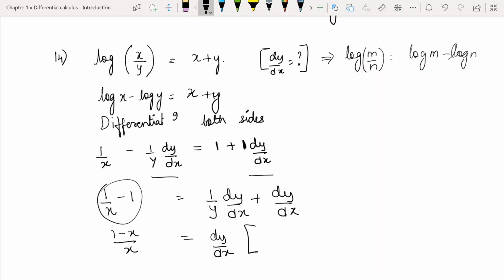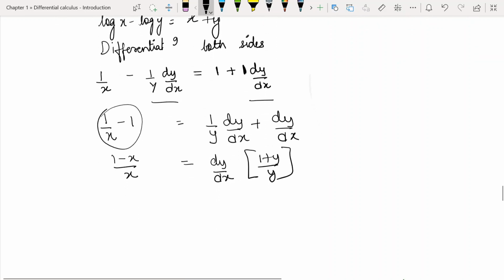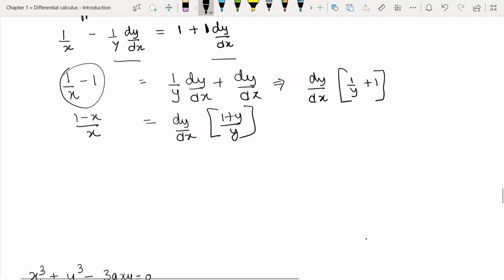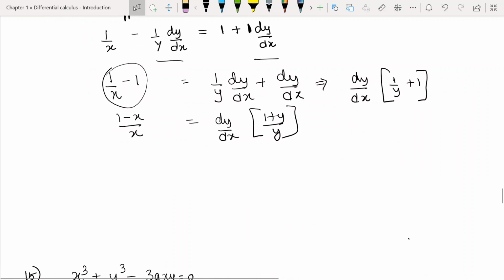What will remain within bracket is 1 plus y divided by y. Okay, students, I have just taken the LCM here. If you want, I can show you the additional step here. Dy by dx, when I take out common, I will get 1 by y plus 1. This is nothing but the next step, whatever we have written here.